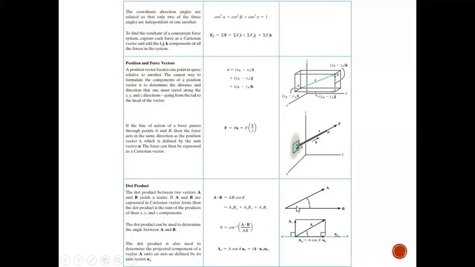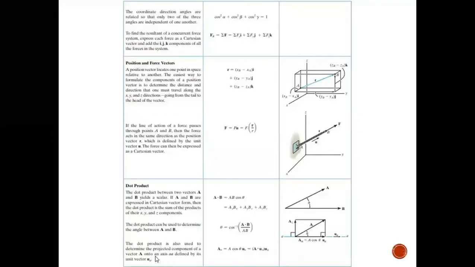We can see from this example AB cos theta, and to get A dot B, we can use this formula AxBx plus AyBy plus AzBz, and the theta we can find using this formula.